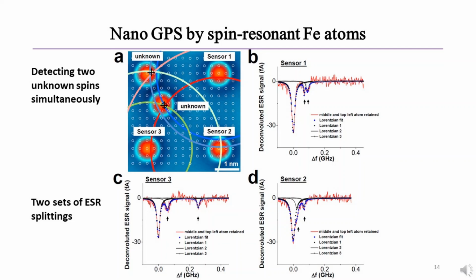Some of the ESR splitting, as shown in sensor 1, is difficult to extract precisely because of the significant influence of the neighboring signal. But this still presents a good prospect for positioning more than one spin simultaneously with the Nano GPS by spin-resonant iron atoms.